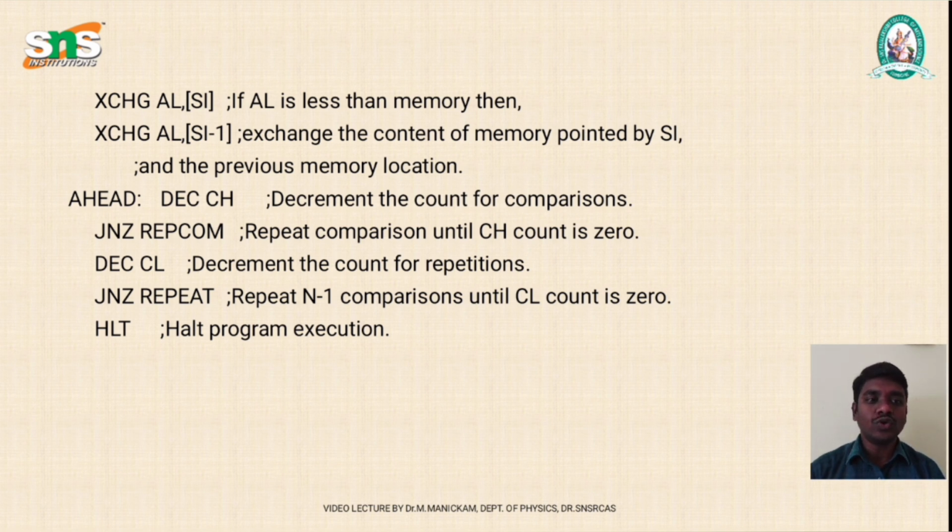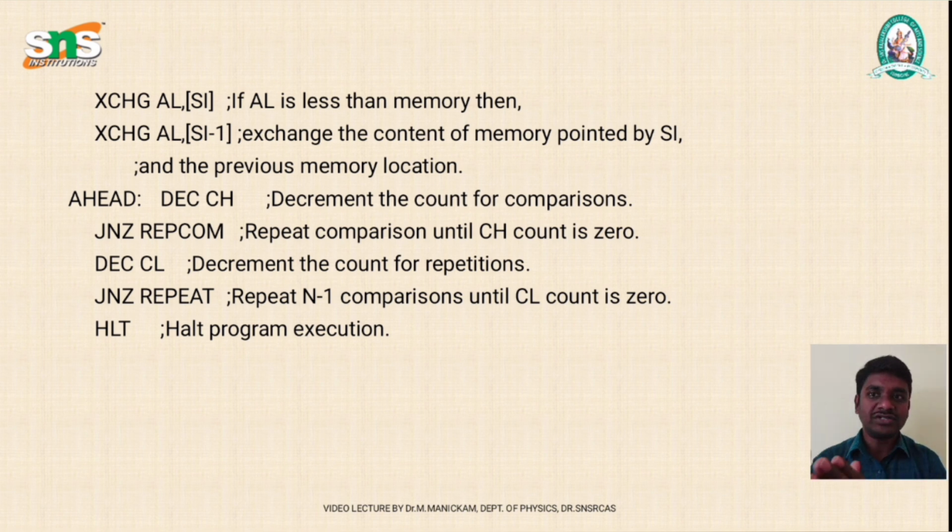So this is the source program for sorting in ascending order. Simply we can say this is how the ascending order program works in the 8086 microprocessor. First you take an array. If that array has 7 or 8 data, first we give the input, then we compare all the data.